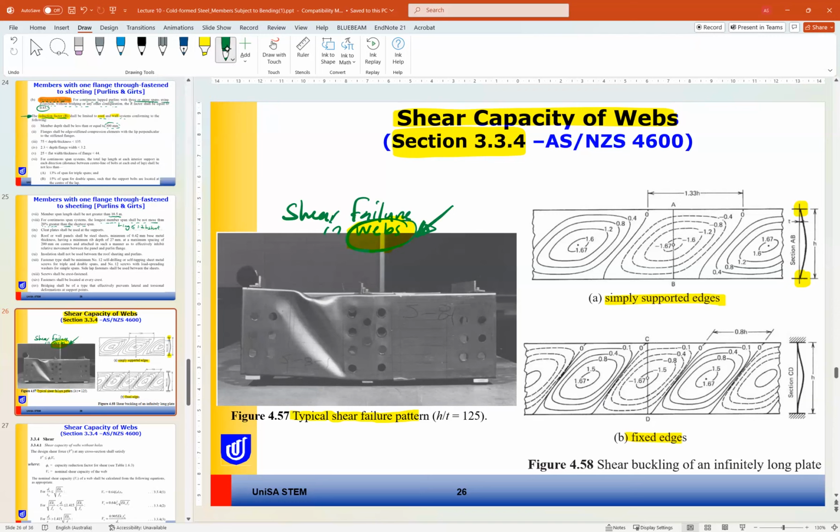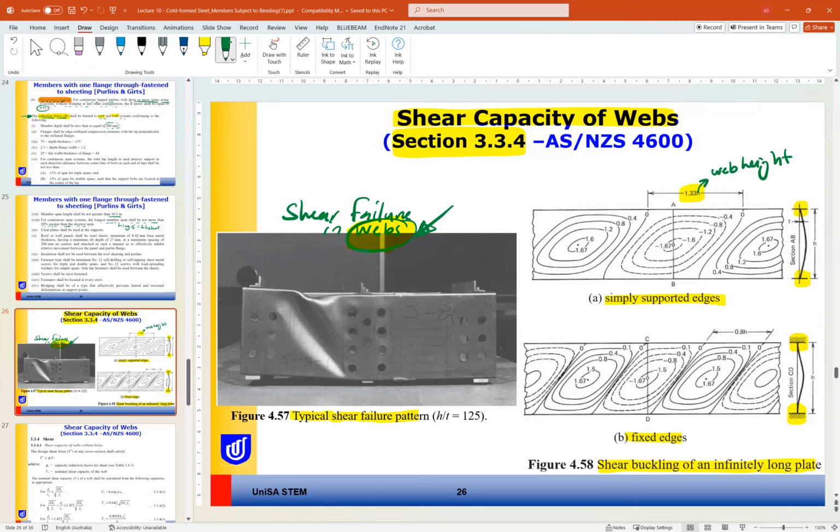So this is a typical shear failure, and there are two cases. If it is simply supported or fixed support, the buckling will be a little bit different. The width of the buckling wave in the simply supported case is 1.33 times the height. H is the height of the web.